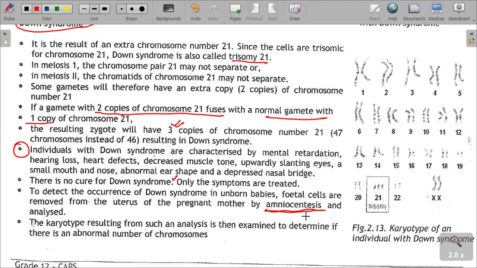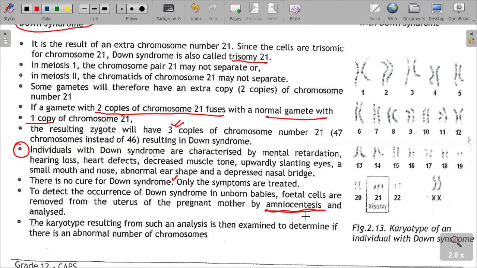The amniotic fluid also contains the fetal cells, which can be collected for amniocentesis. Amniocentesis helps in monitoring the welfare and growth of the child during pregnancy.